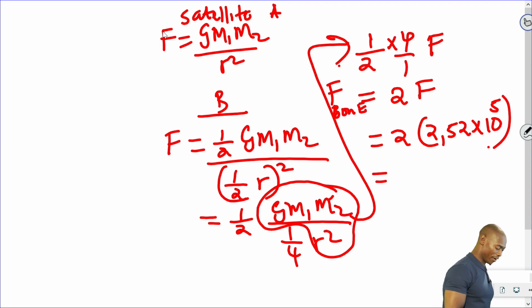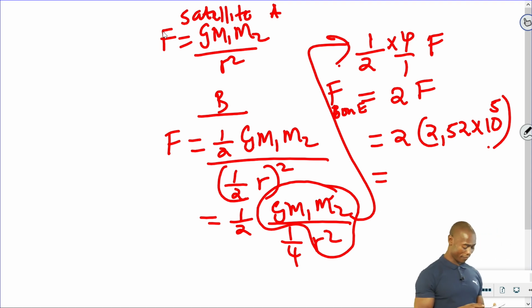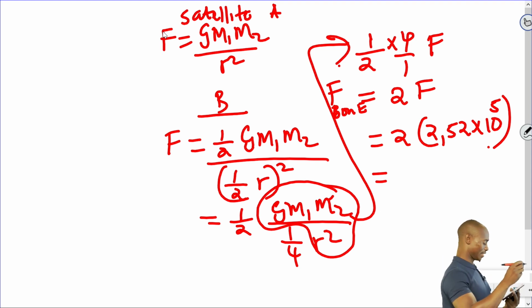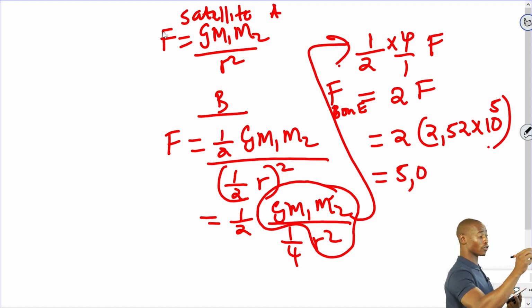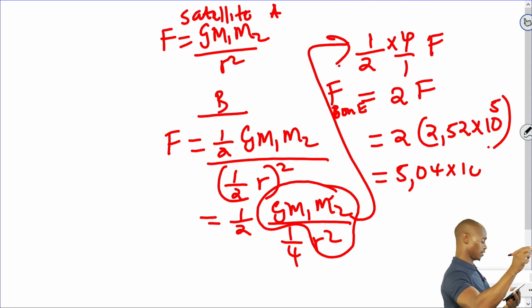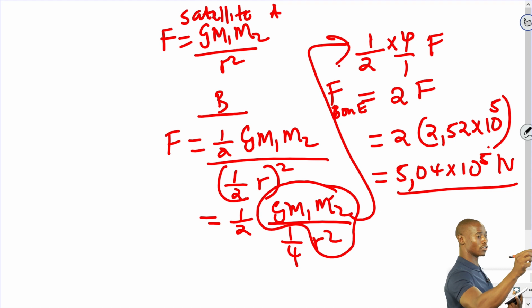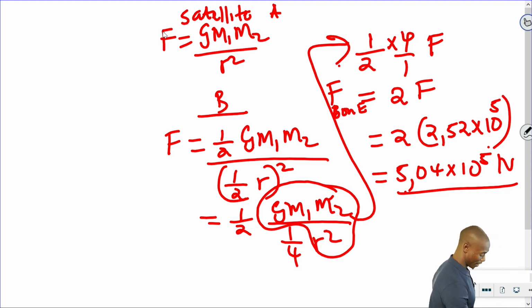So 2.52 times 10 to the power 5 times 2. What are we getting here? We are getting 5.04 times 10 to the power 5 newtons.